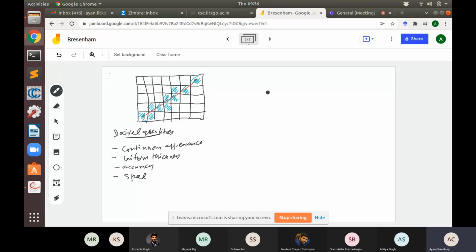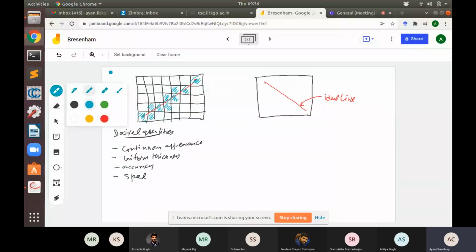So how will it look in general? Basically, if this is my grid, and I'm trying to draw a line like this, this is my ideal line, right? But usually in the pixel grid, exactly getting the ideal line is not possible because we have a grid here, and no matter what you do, you have to choose the best pixel combination that defines this line.